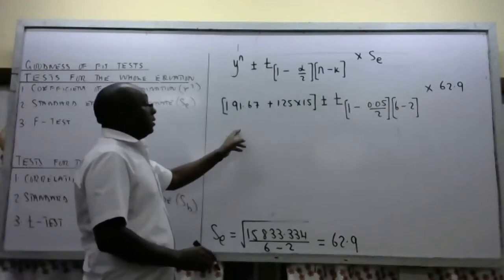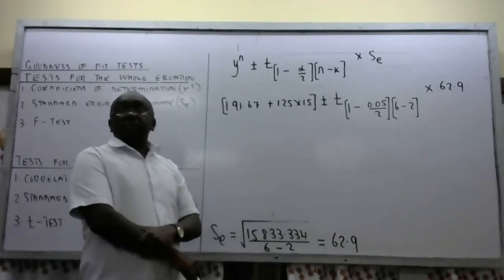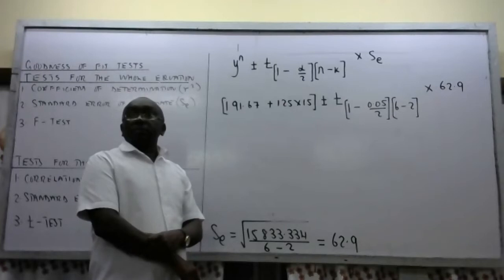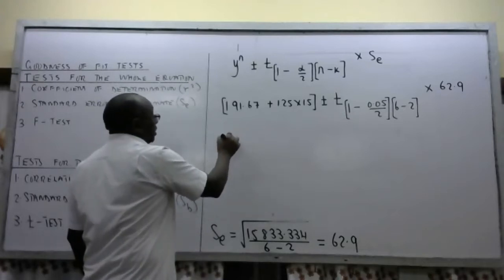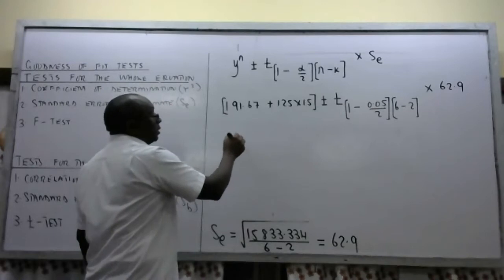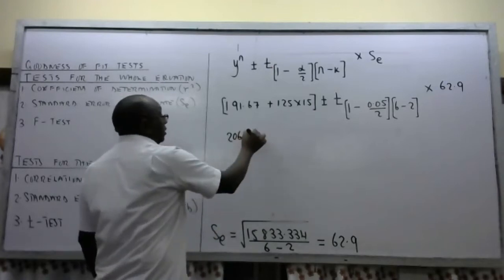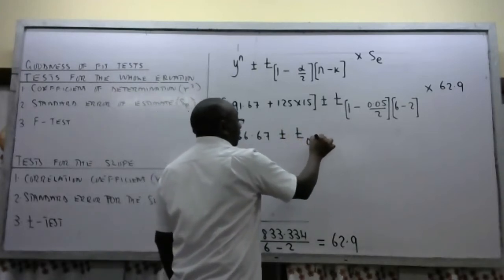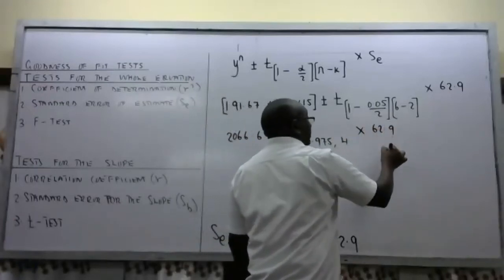So how much does this come to? 2,066.67. So plus or minus t at 0.975 and 4 degrees, times 62.9.